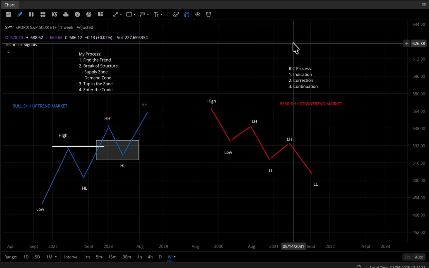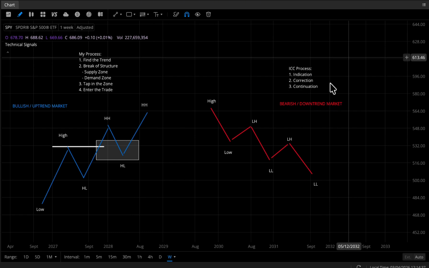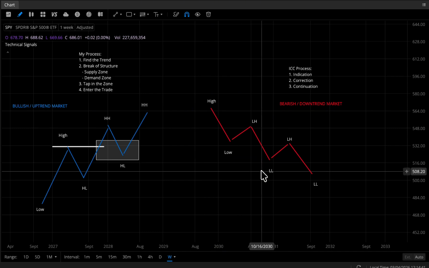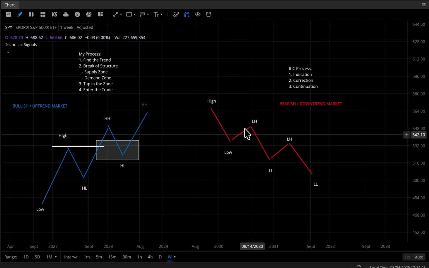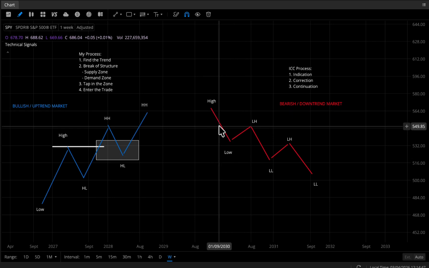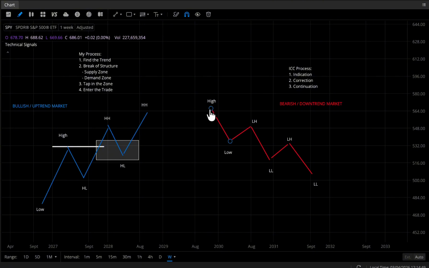Now, I'm going to do the same thing because, like I said, it's literally the same exact process, just called different things. So first thing is, we know this is a bearish trend, right? So if we want to catch sells, we need price to show us it wants to keep selling. So we were waiting for what is called an indication. Something needs to indicate that price wants to push lower.